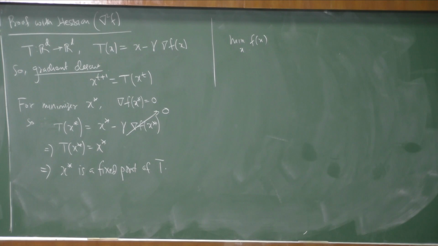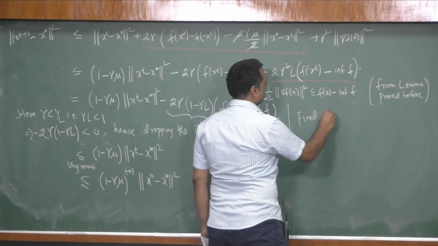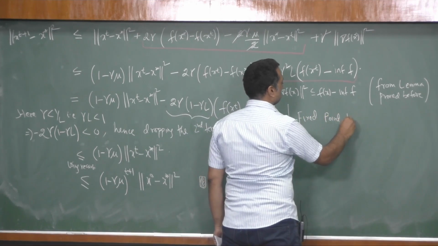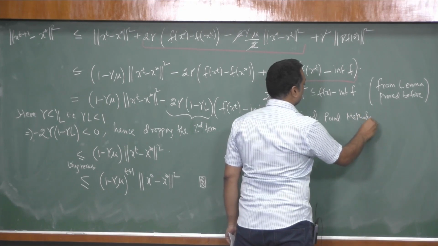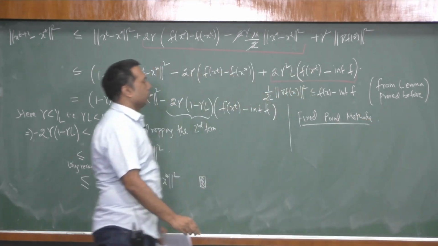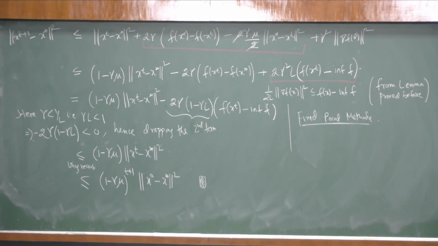Fixed point methods are the most generic framework to study iterative methods. You can also study this in very generic spaces, Hilbert space, Banach space. You have big books written just on fixed points on Hilbert space, fixed points on Banach space. If you search on Amazon, there is a whole set of theories just on fixed point methods, convergence, and so on. So we are having an initial taste of these things.